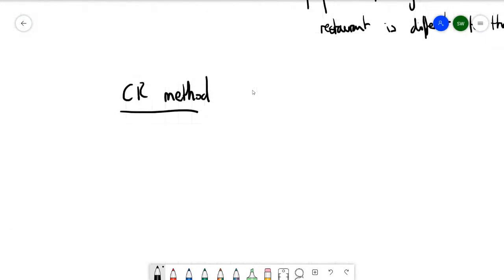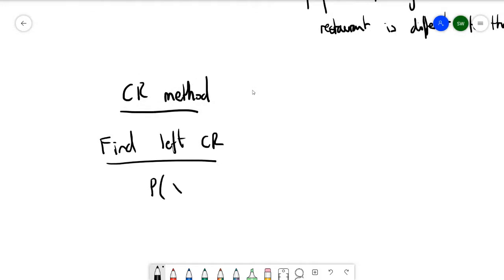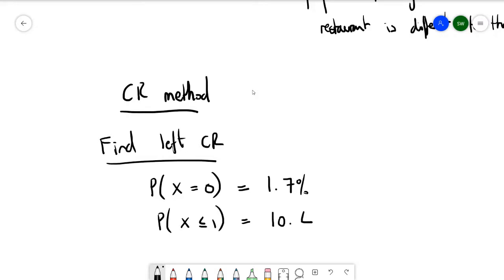So let's do that. So if H0 is true, the probability of x being 0 is 1.7%, and the probability of x being less than or equal to 1 is 10.4%. So if we were finding our critical region, remember we can't have more than 2.5%, half of 5%, in the left critical region.